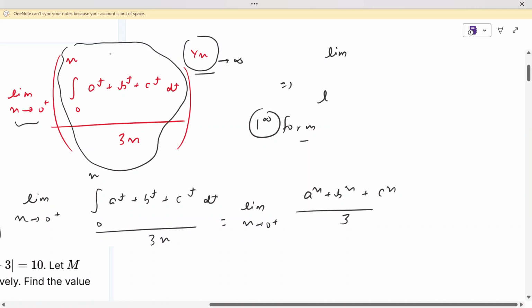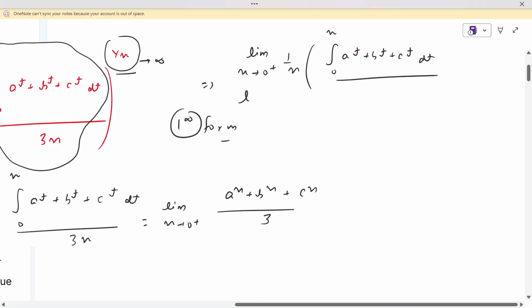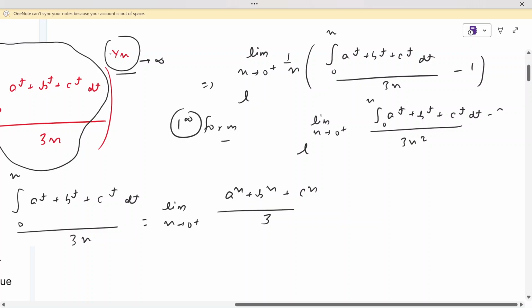So how do we solve this 1 to the infinity form? It is e to the power limit as x tends to 0 plus of 1 over x multiplied by the integral from 0 to x of a^t plus b^t plus c^t dt by 3x, minus 1. So what you will get is e to the power limit as x tends to 0 plus of the integral from 0 to x of a^t plus b^t plus c^t dt minus 3x, over 3x squared.